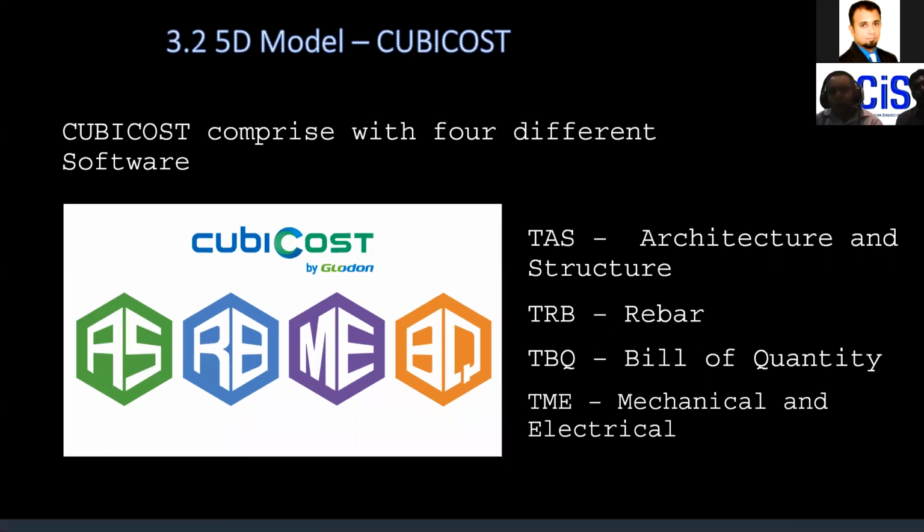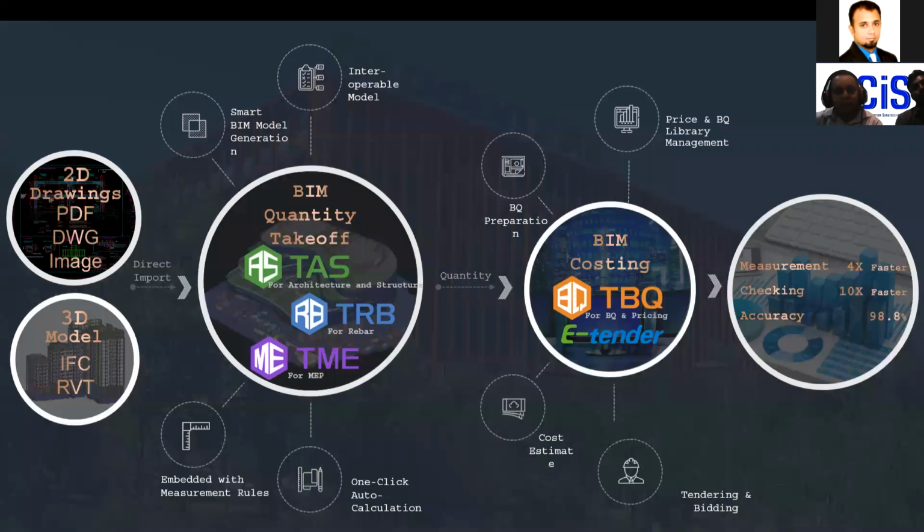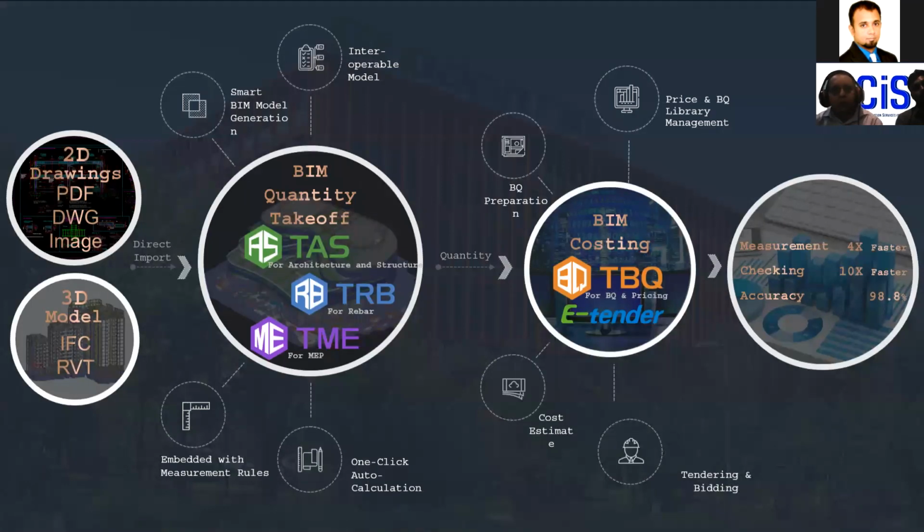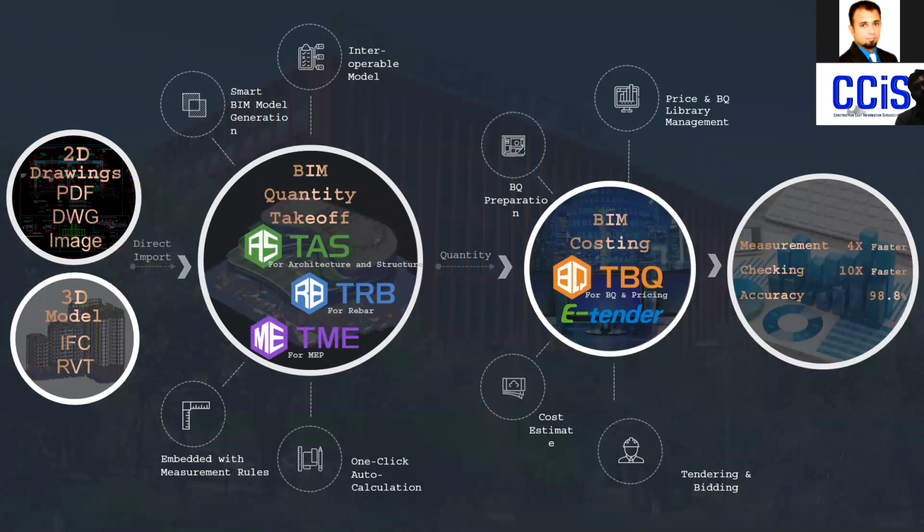TAS, TRB, and TME are quantity takeoff software with an interoperable model that can operate simultaneously and interchangeably with TBQ and the other packages. It has smart BIM model generation where 2D drawings, PDF, DWG images can be brought into the software to make our model.